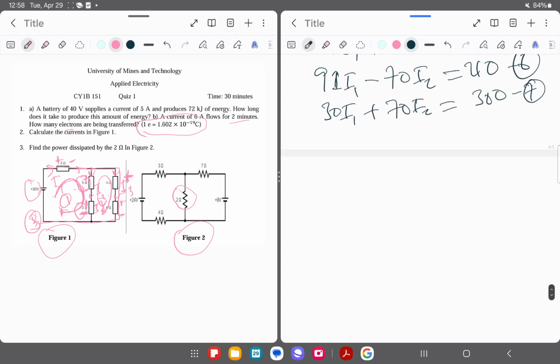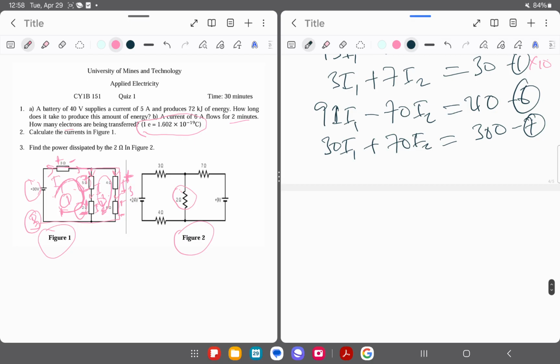So we've gotten this. You can see that now I can add, right? You can just add these two equations. If we do that, with the addition I have 90 plus 31 plus 30, which will give me 121 I1.